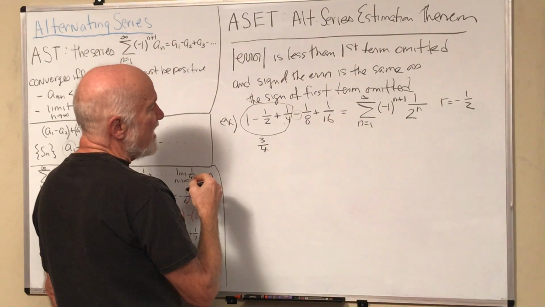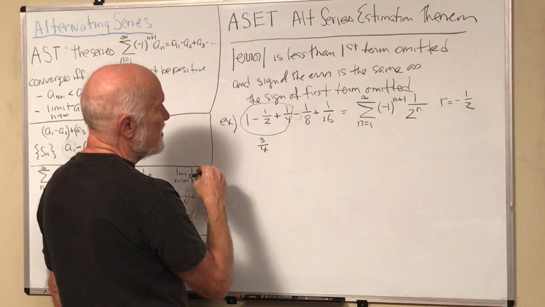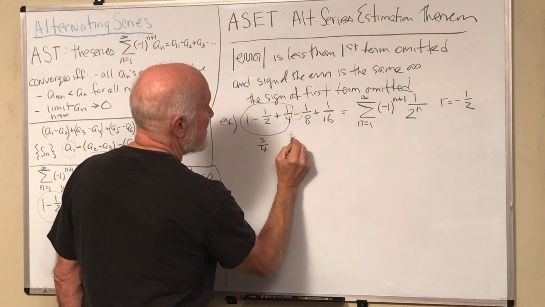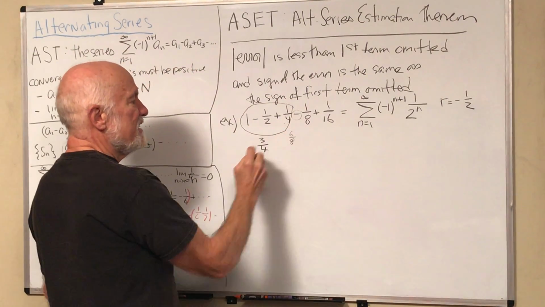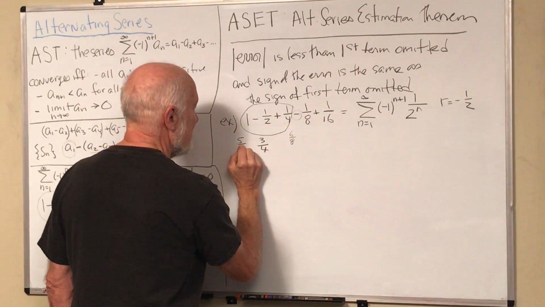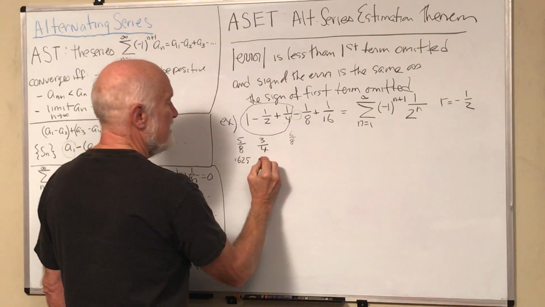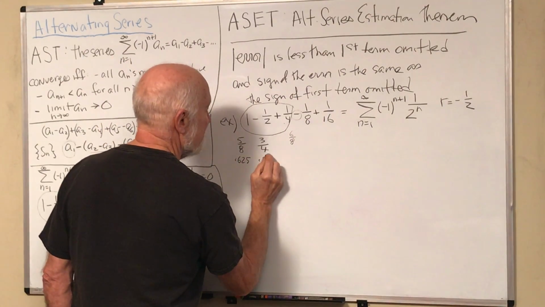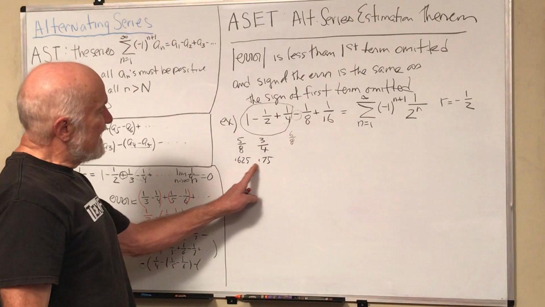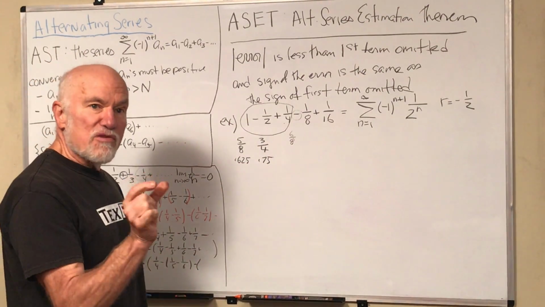So that means I've got to be somewhere between 3/4, which is 6/8, and 1/8 less than that, which is 5/8. Well, this is 0.625, and this is 0.75. So I've really gotten it down to my answer has to be in a fairly small band.